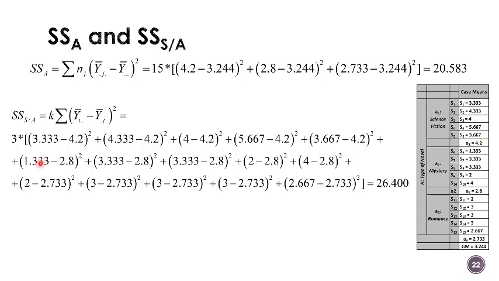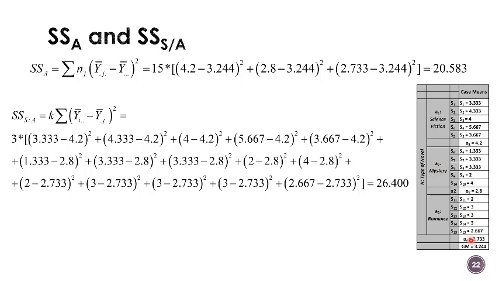And it goes 1.333, 3.333, 3.333, 2, 4 for these, all subtracting out 2.8. And then 2, 3, 3, 3, 2.667, all subtracting out the same mean of 2.733.